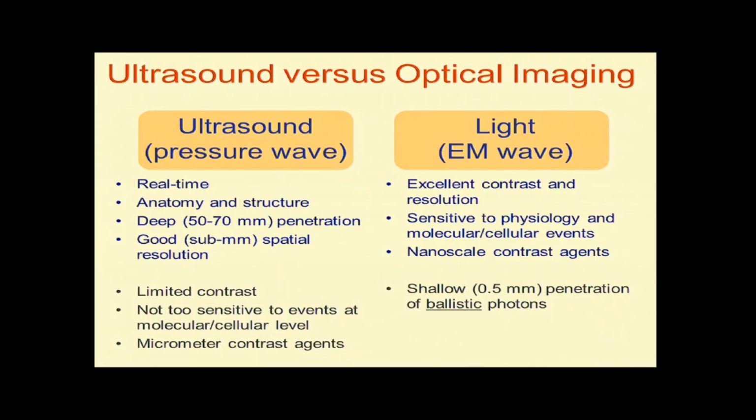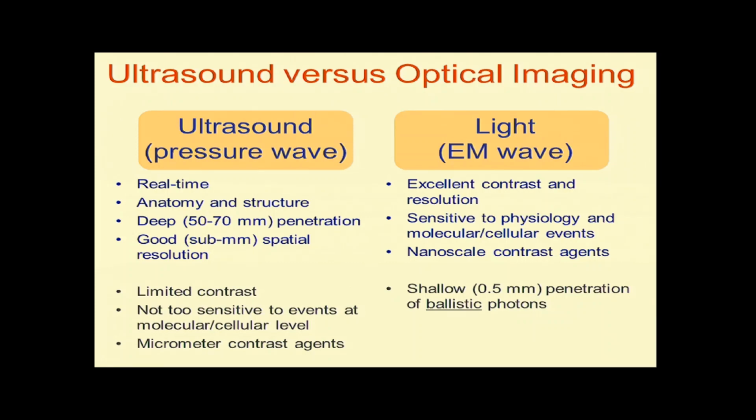Okay, why do they bother making those systems? In addition of making money, I think that's one of the goals that the industry would have, but why bother? The reason they bother is if you look at the sort of beauties or pros and cons of each imaging system or each, at least, energy domain, you would realize in ultrasound, we make images in real time. We're doing a great job in terms of anatomy and structure. We can visualize things at sufficient preclinical and clinical depths with reasonable spatial resolution.